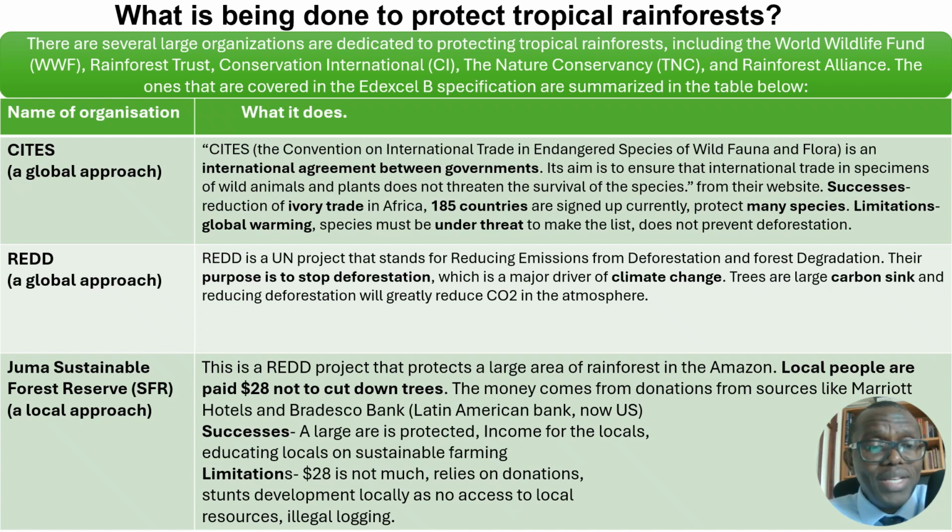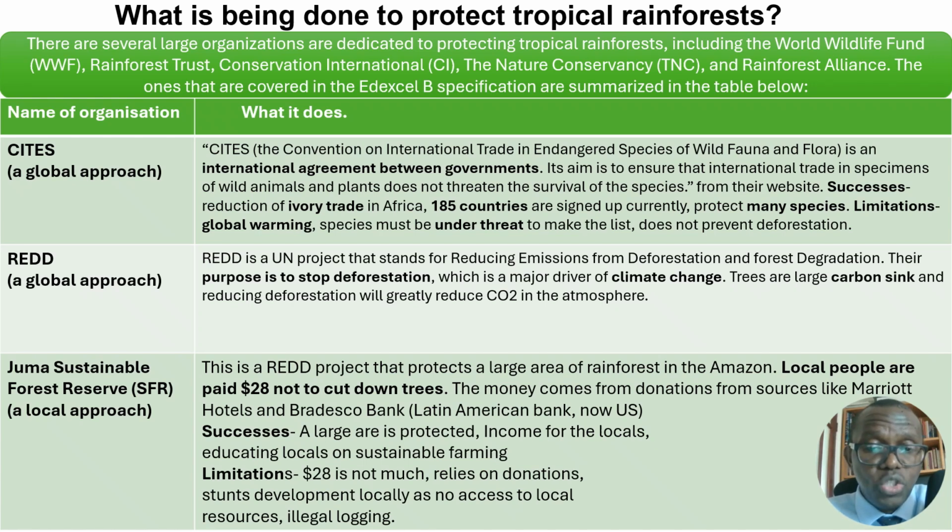Now, the first one is CITES, and this has a global approach. According to them, CITES is the Convention on International Trade in Endangered Species of Wild Fauna and Flora. And it's an international agreement between governments.